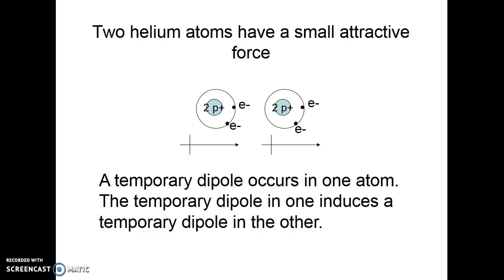We call this a temporary dipole. We will also call it an induced dipole, because if one helium atom has a little dipole in it, it will cause the electrons to move in such a way that the other one will have one too. But the book calls it London dispersion forces, and for the most part, I'm going to call it London dispersion forces from now on.